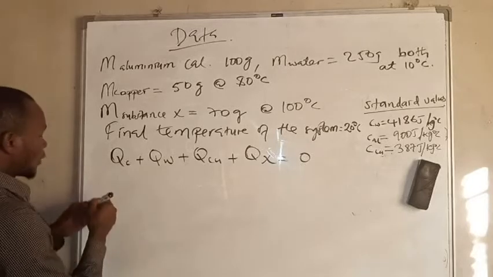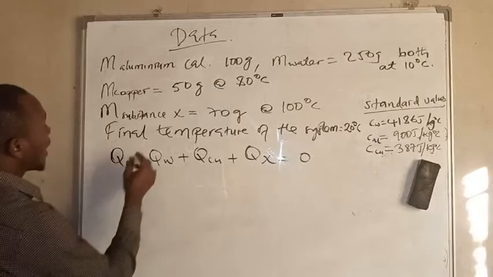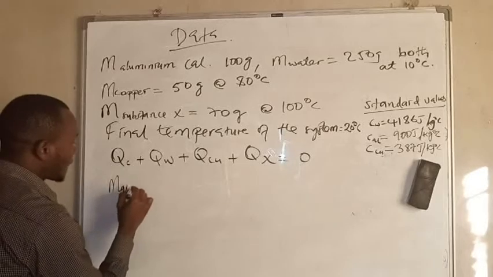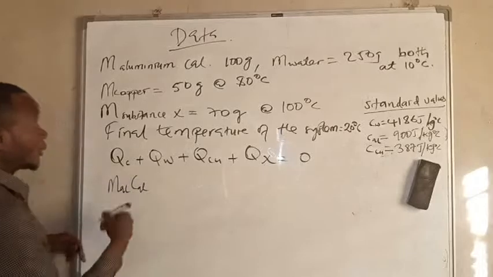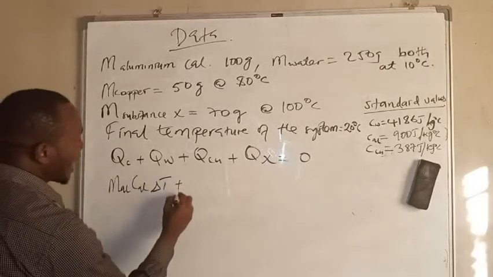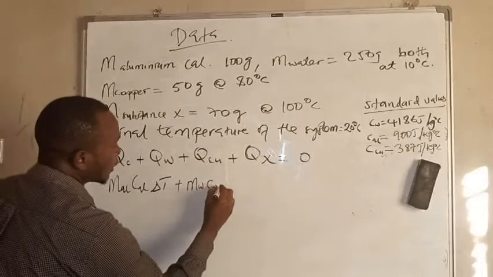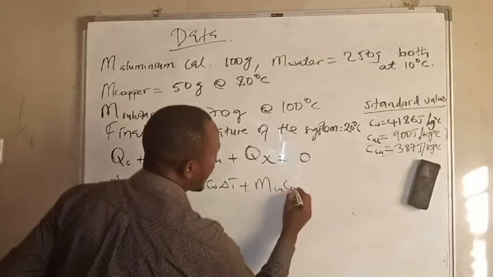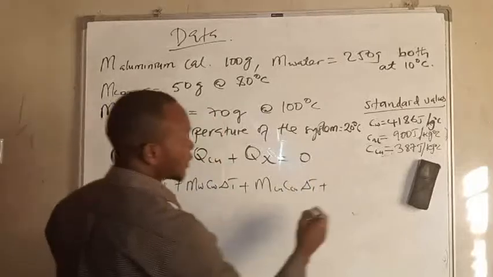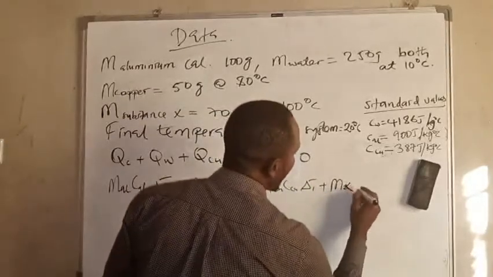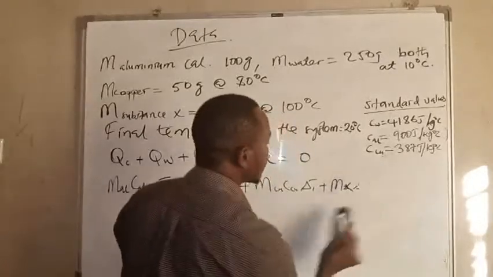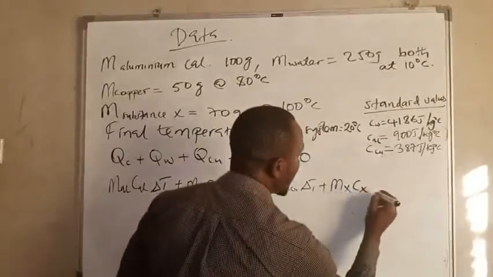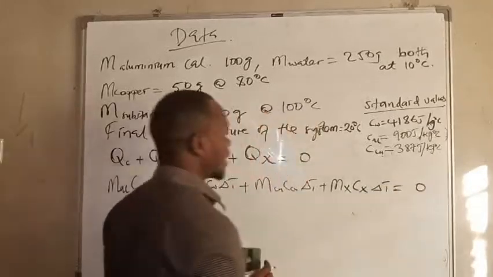We have the mass of the aluminum calorimeter times the specific heat capacity of aluminum times delta T, plus the mass of water, C of water, delta T, plus the mass of copper, C of copper, delta T, plus the mass of X times Cx times delta T. This must give us 0.